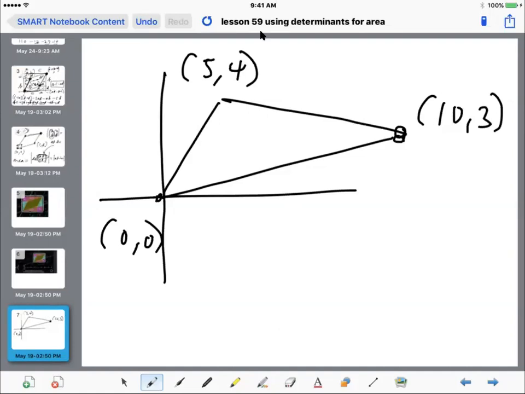Okay, does anyone have any thought about how knowing the area of a parallelogram can help you find the area of a triangle? I see 12.5, I see 10, I see 3.